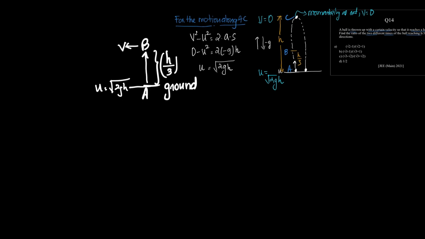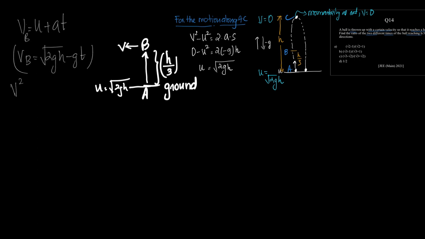At this point, what would be the equation? Displacement time relationship. What can we find out for v now? So vb will be equal to u plus at, which is root of 2gh minus gt.